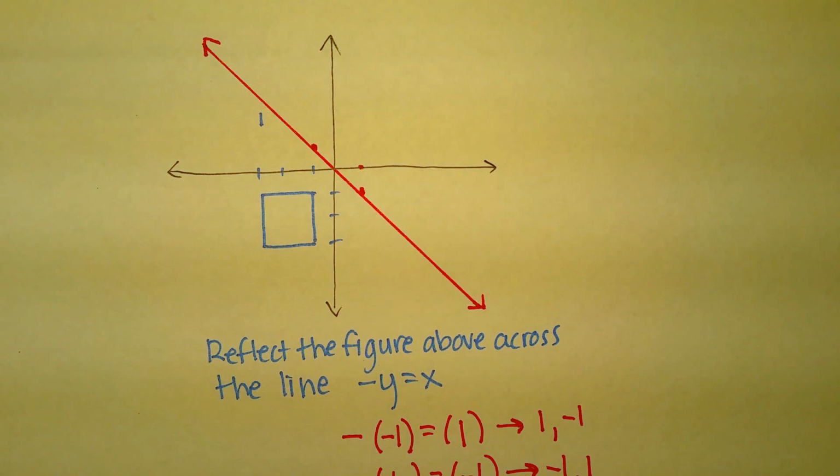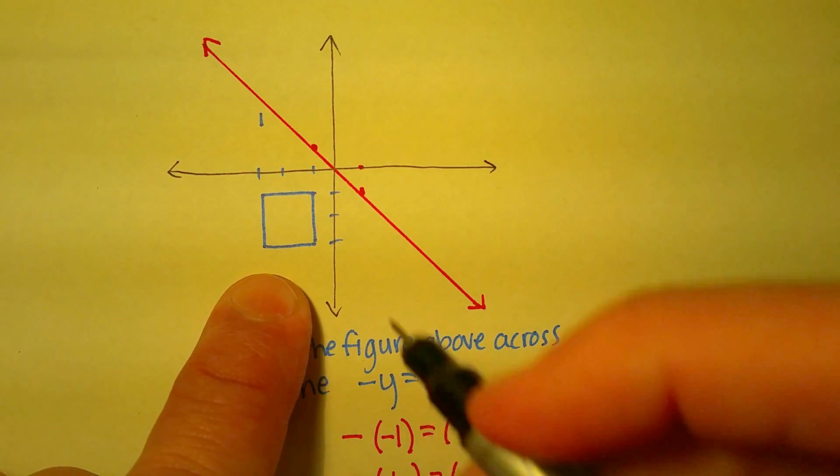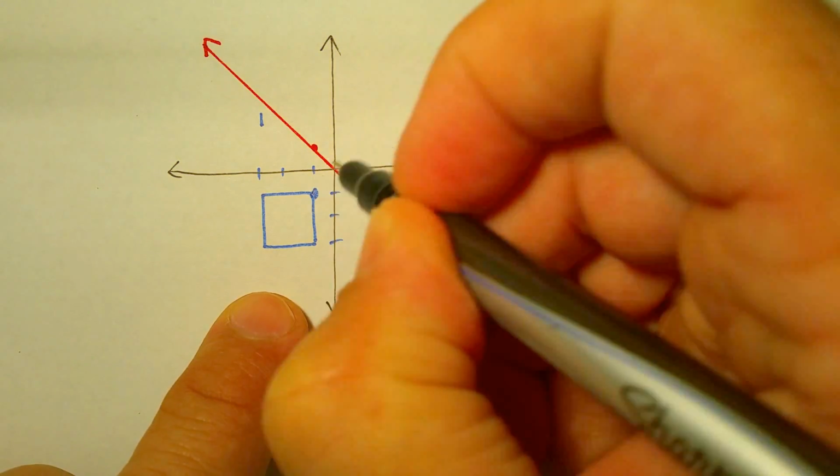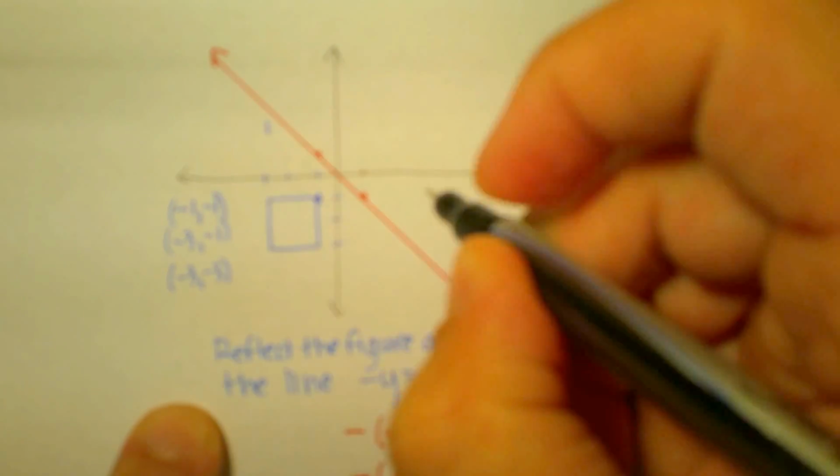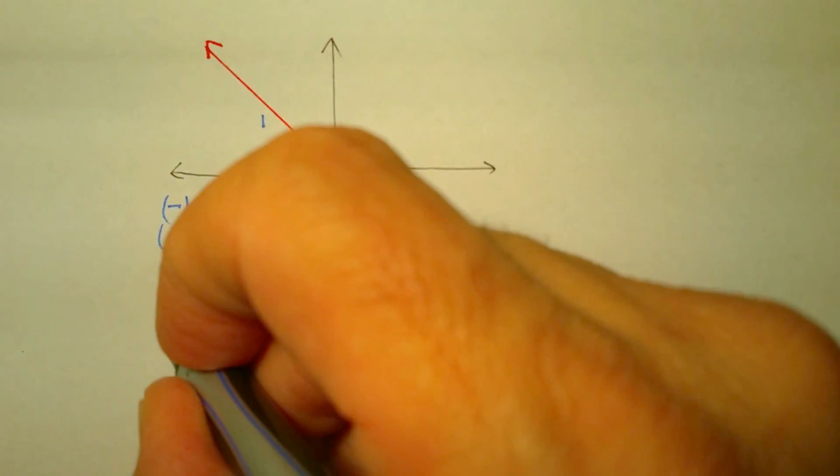Now again, I'm going to need to identify the 4 vertices here. So it'd be negative 1, negative 1. Looks like it's negative 3, negative 1. Negative 3, negative 3. And finally, negative 1, negative 3.